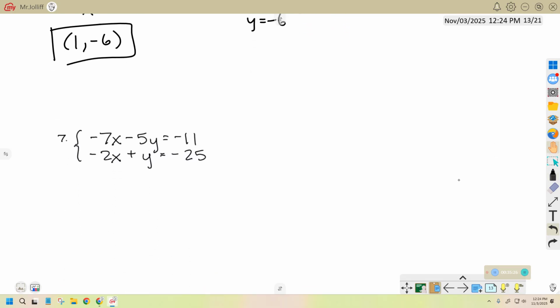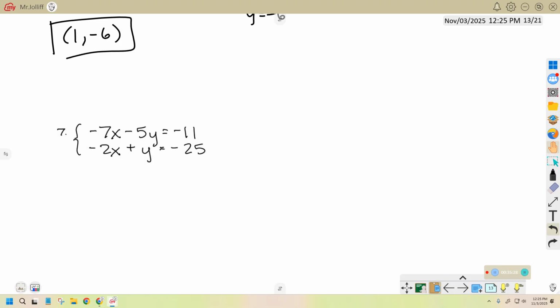All right, another example. Negative 7x minus 5y equals negative 11. Negative 2x plus y equals negative 25. Are there any matching coefficients? No. I cannot turn 2 into 7.